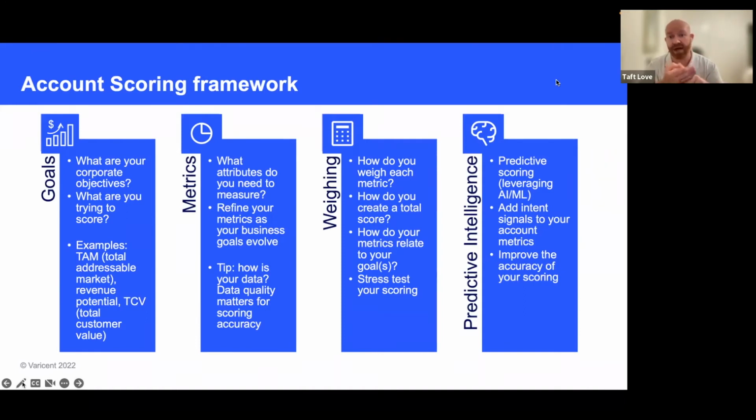And if you have quality data, and a company of 500 plus people likely has lots and lots of data, there are good AI, machine learning products to help surface some insights. But the more specific you are, the more likely you're going to get a great score out. Conversely, people who do account scoring because you're supposed to do account scoring and it's a thing businesses do and aren't sufficiently specific.